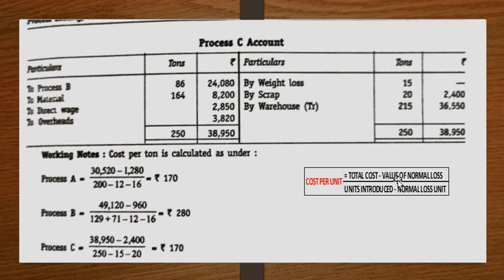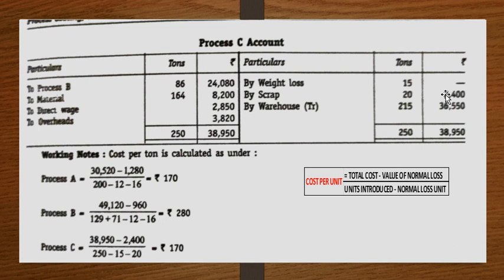Cost per unit is equal to total cost minus value of normal loss, divided by units introduced minus normal loss units. Here we have process C. Your total cost is 24,080 plus 8,200 plus 2,850 plus 3,820. The total is 38,950, minus value of normal loss. For weight loss there is no recoverable amount.